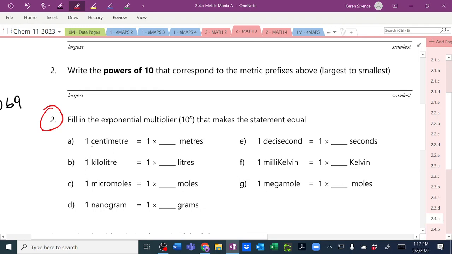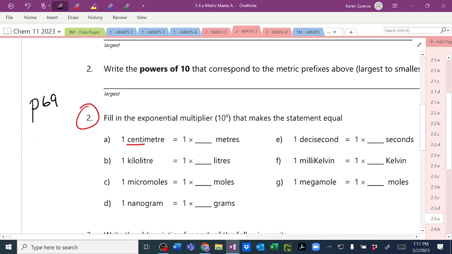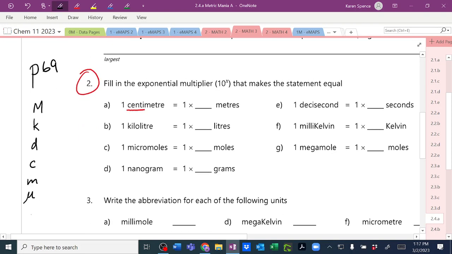So if we have centi, well, let's remember our little song. We have mega, kilo, deci, centi, milli, micro, nano, 6, 3, 1, 2, 3, 6. 9 is for the nano. And then these two are positive and all the rest are negative.